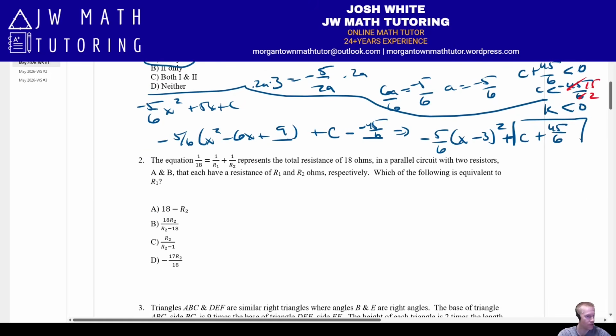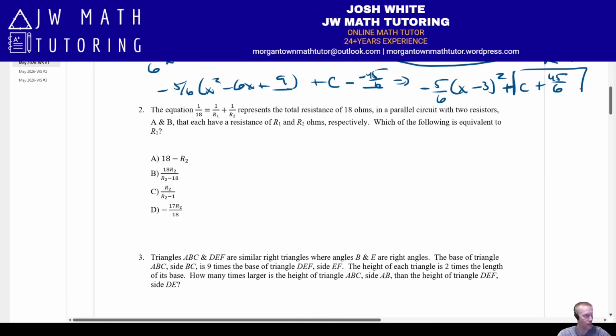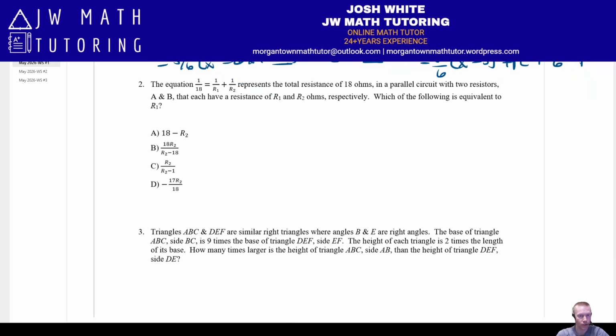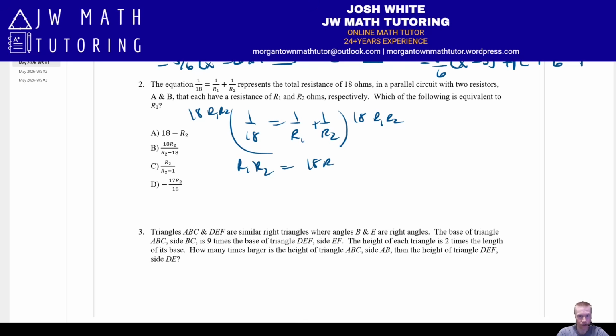Okay. With all that being said, that took a while to get through. Let's look at the next question. This question is just really a super basic, simple formula. We're just solving this formula for R1. If you want to do this by hand, you could just multiply on both sides by the common denominator, which is 18 R1 R2. And then you're going to get R1 R2 equals, well, the R1s cancel, 18 R2 plus 18 R1.